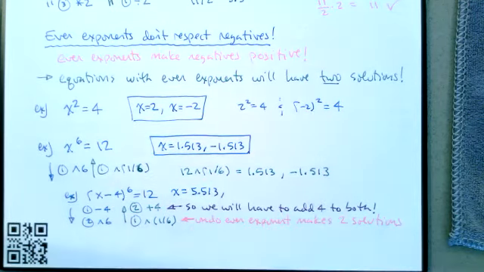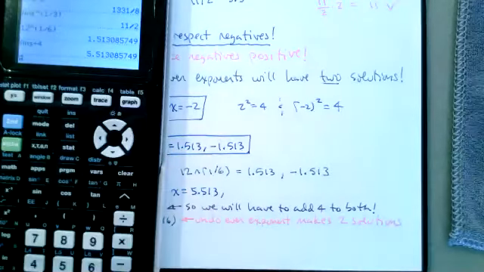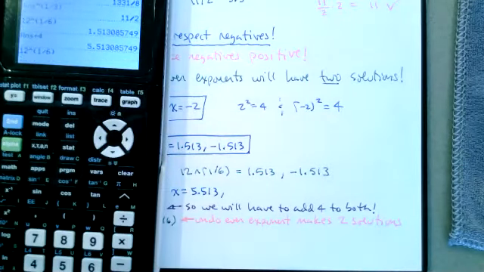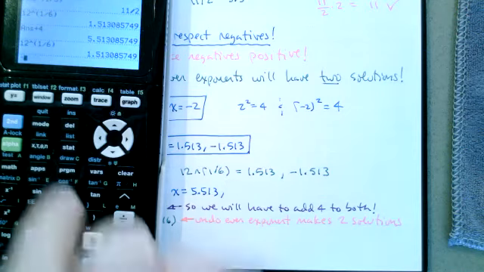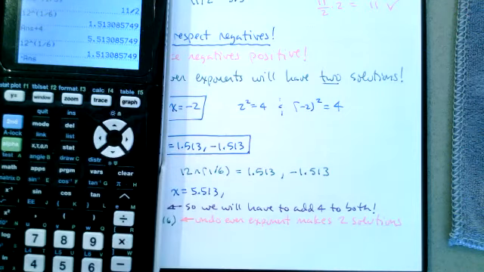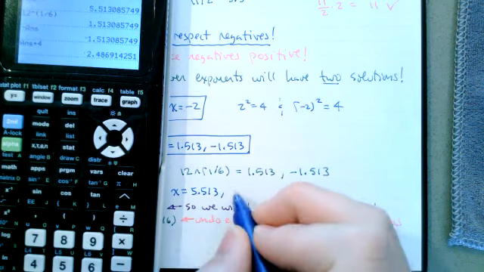And our other solution will start with a negative. So I'm going to go back to the 12 to the 1/6. If I make that negative, and then add the 4 to that one, I'll have 2.487. And that will be our other solution.